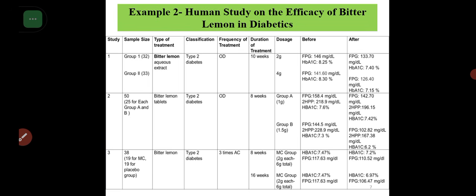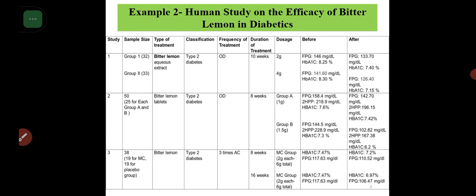There. I think I'm also seeing that in the empirical session, I can't find an explanation or mechanism on how bitter lemon reduces glucose level.